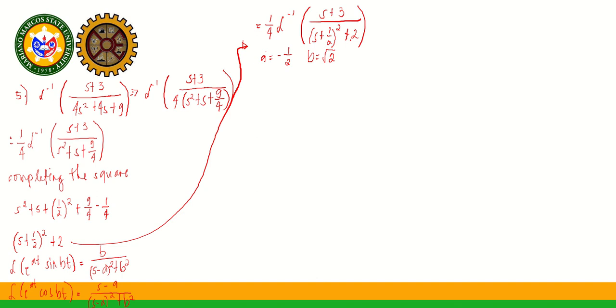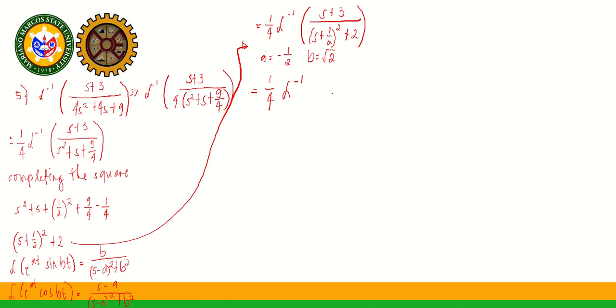Okay, dito sa part na to. So since our b is square root of 2, pwede natin tong i-rewrite as this is equal to 1 over 4 inverse Laplace of, okay, so since s plus 3 to, okay, so since a natin is negative 1 half, pwede nating i-break down to into 1 half and the other.